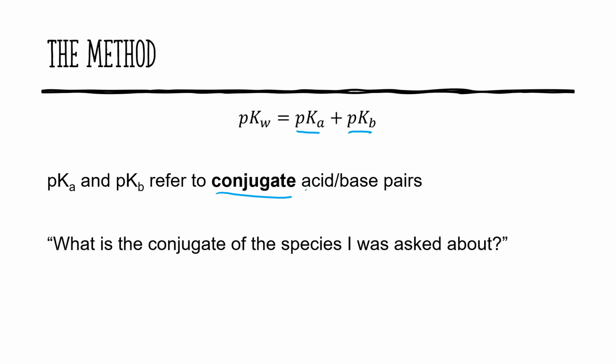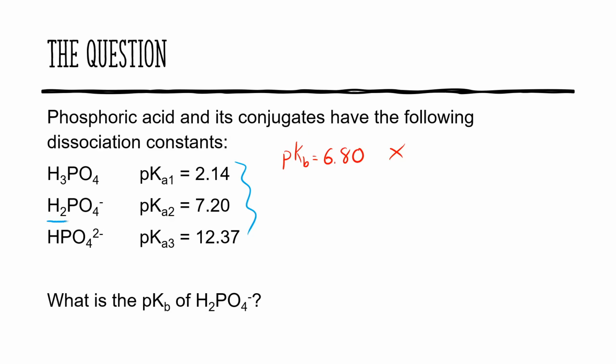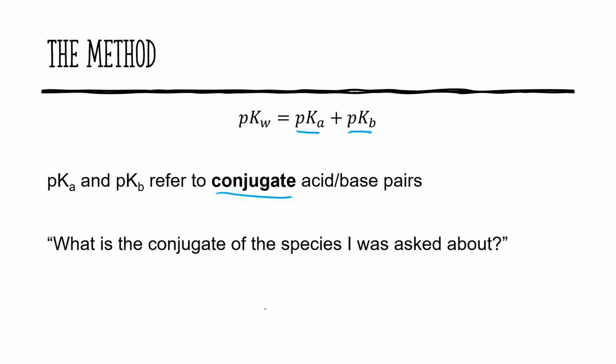On the previous example, if you used the pKa for H2PO4-, then you didn't find the conjugate acid or base of H2PO4-. You picked the exact same thing. This can be a little bit hard to imagine, so there's a particular phrase that I recommend thinking about. That's, what is the conjugate of the species I was asked about?